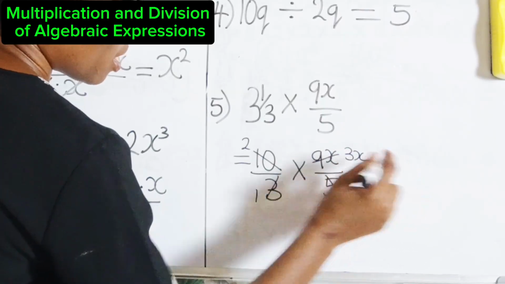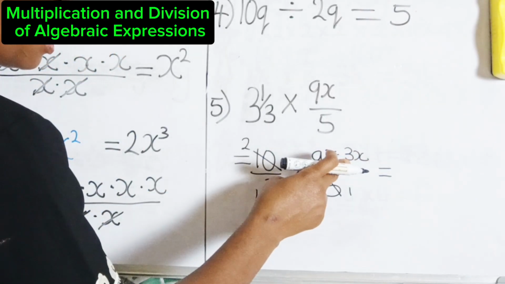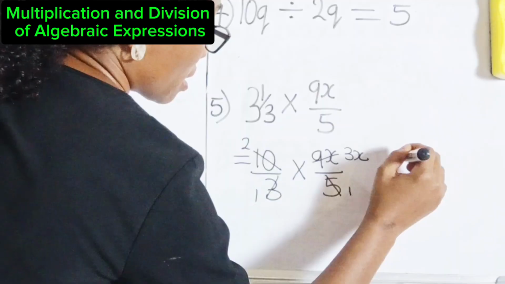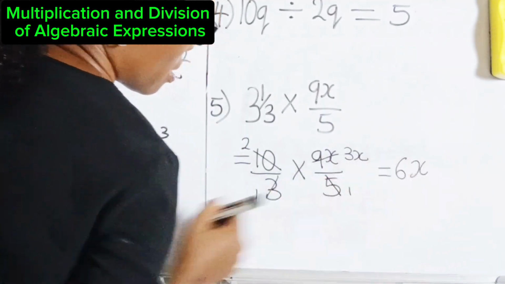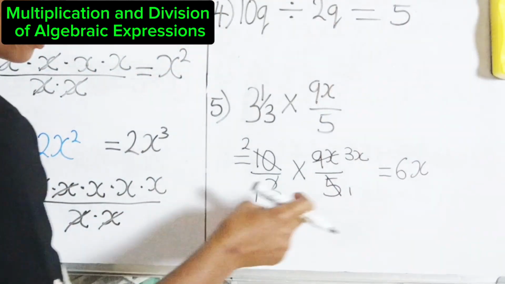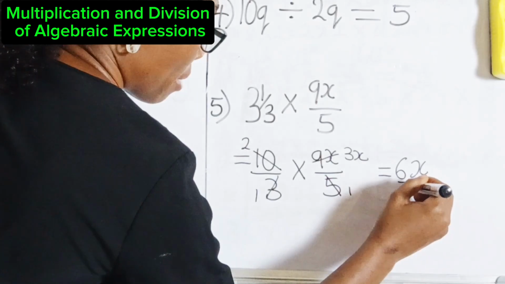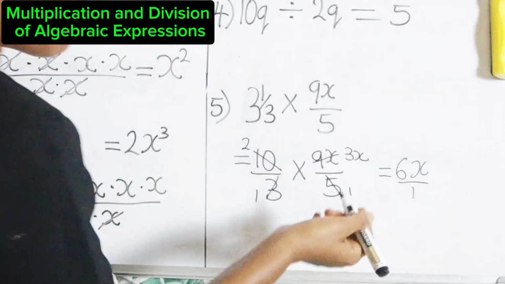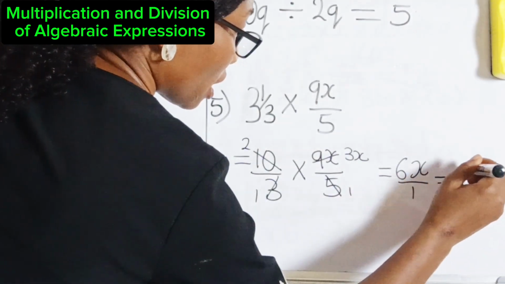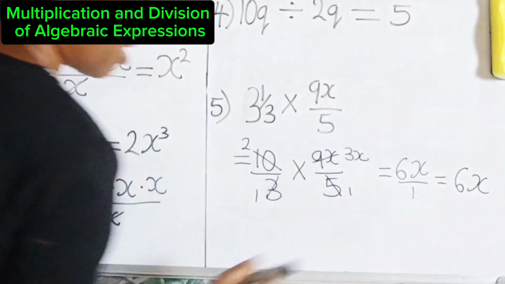So now this is equal to 2 times 3x, which is 6x. 1 times 1 divided by 1, and 6x divided by 1 is the same thing as 6x.